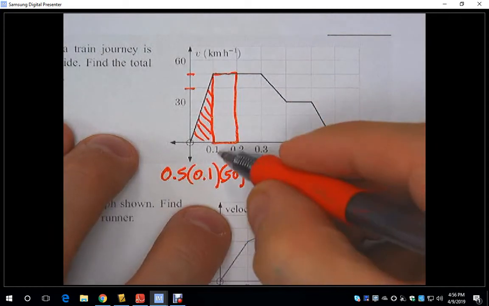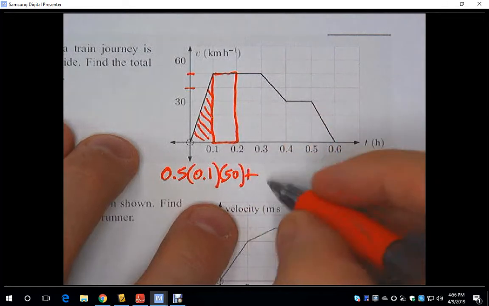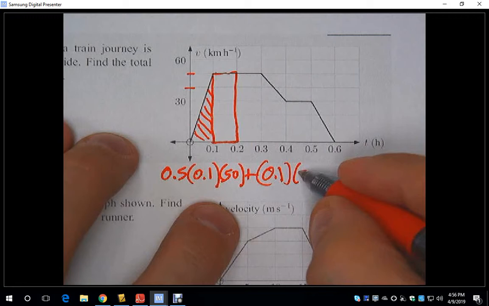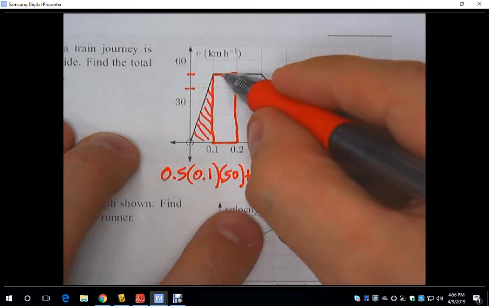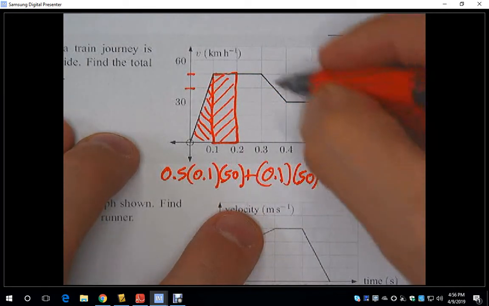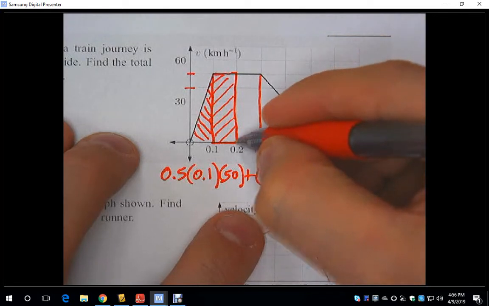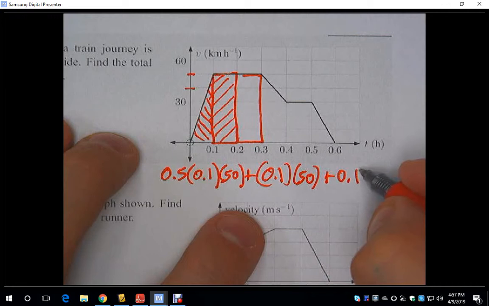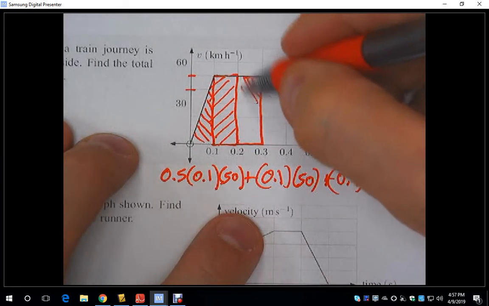And that rectangle has just base times height, so base is 0.1 times the height of 50. So that gave me this area here. And now I'm going to find the area for this rectangle here, a base of, again, 0.1 times the height of 50 for this area right here.